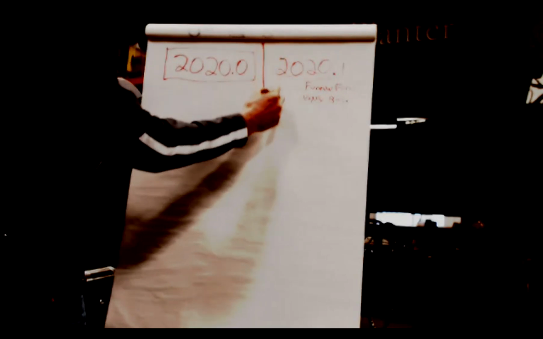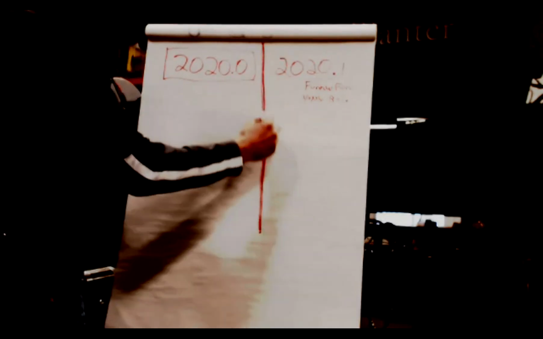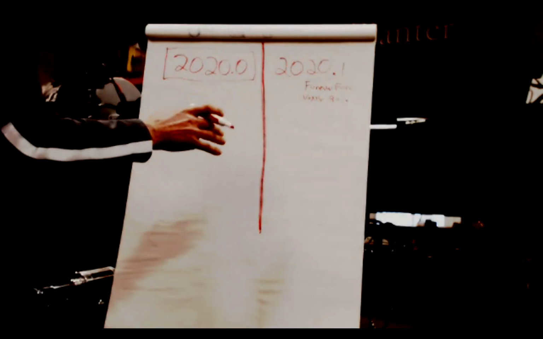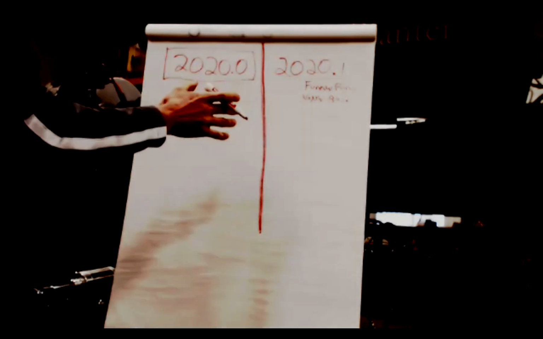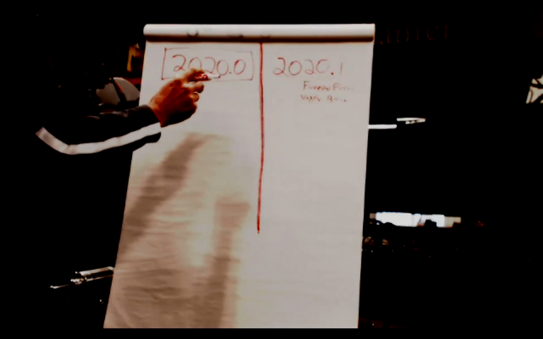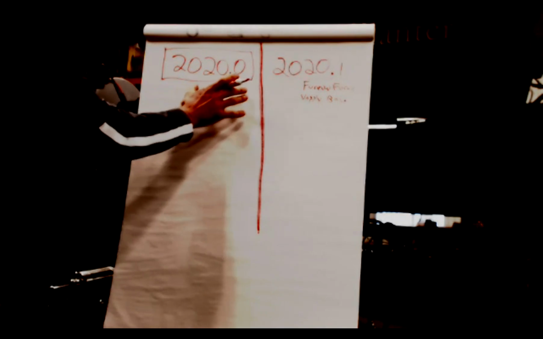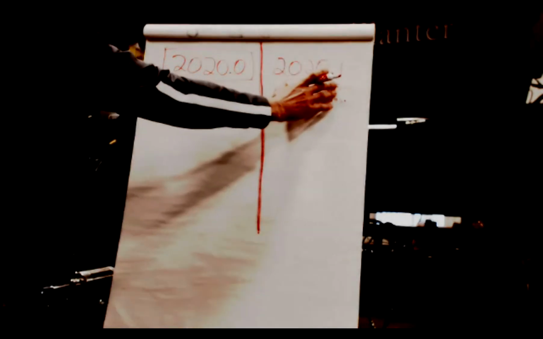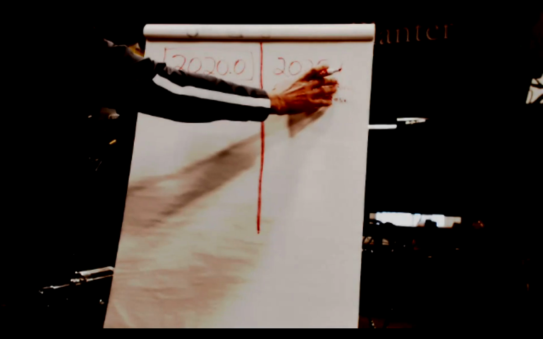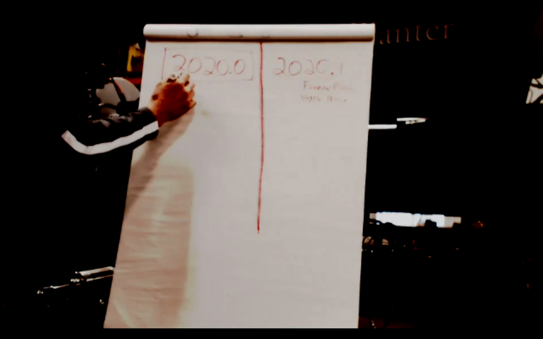And there is a major line in the sand between these two software platforms, and I'll explain why in a little bit. So in the future, 2020.1 will become the base software platform for next year.